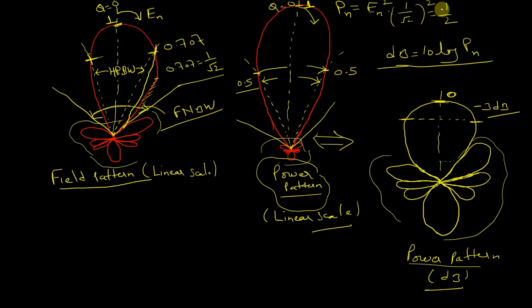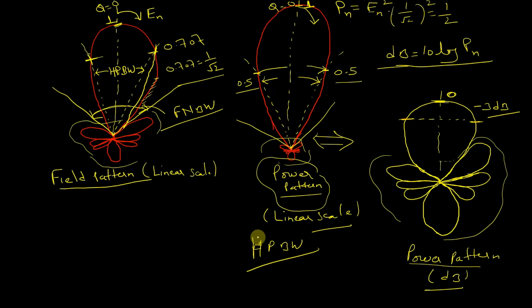If you put this value 1 by 2 and take the log, that will be minus 3 dB, or this 0.707. So all are the same. This is 0.707 for field, 0.5 for power pattern in linear scale, and minus 3 dB for power pattern in dB. Okay, all are equivalent and all will give us the half power beam width.